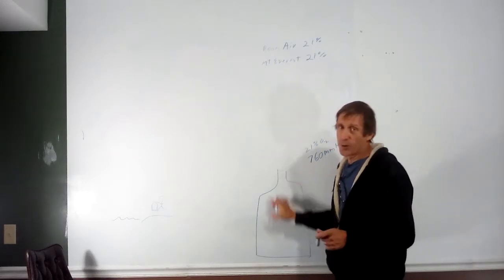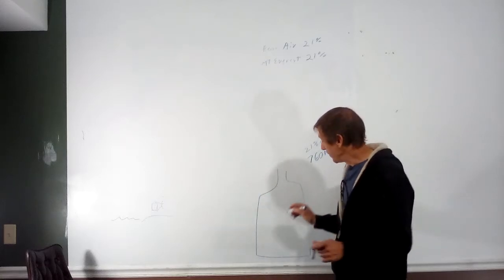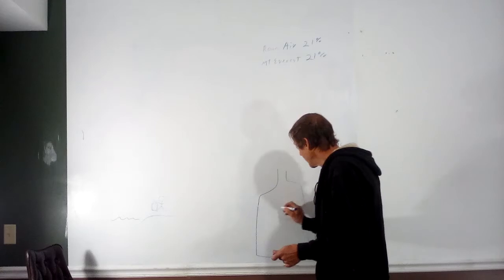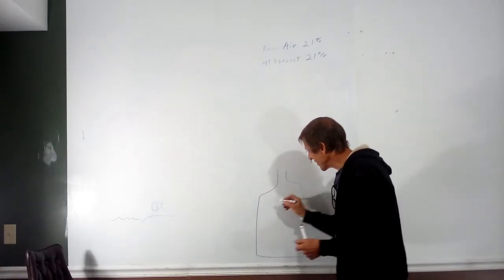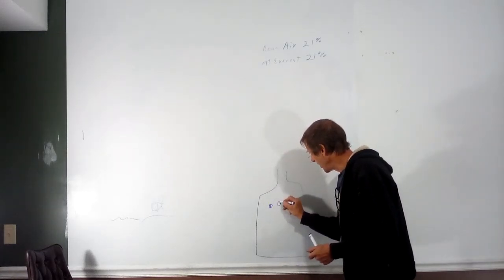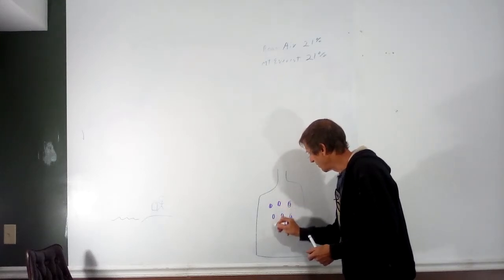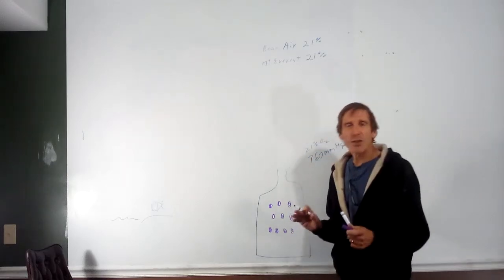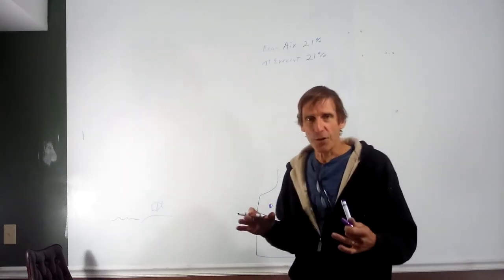So the air in this jar, there's no air going in, no air going out, it's all equilibrium. What do we have in here? Well, it's 21% oxygen as well, right? And what I'm going to do is imagine these little dots. I'll just put 1, 2, 3, 4, 5, 6, 7, 8, 9, 10. Let's just say they represent the oxygen molecules.